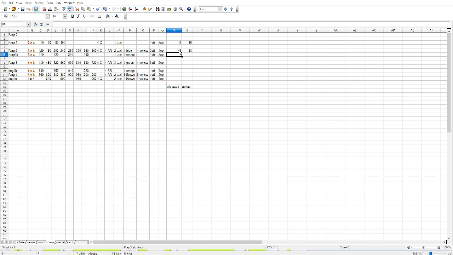Okay, so what I have allocated here? 3 times 4, 12, 16, 17, 18, 20. What I have allocated here is 20. What was the actual that I calculated previously? 20.